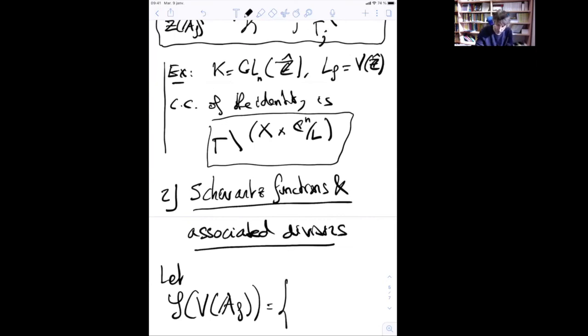Such a Schwartz function, which I will usually denote as phi_f to specify it's at the finite places, is a function with C values.